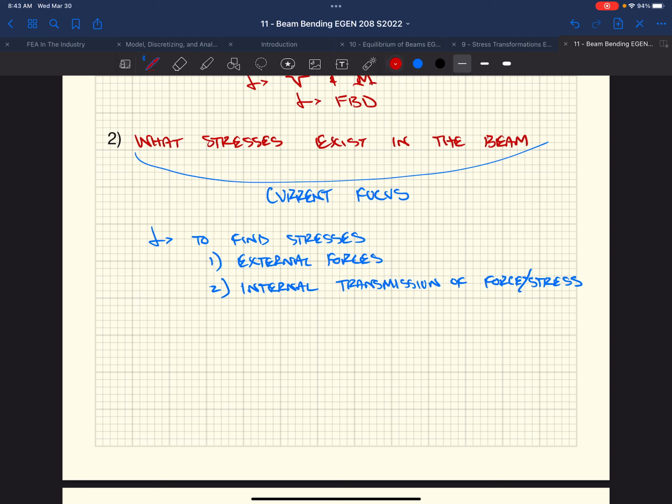So, like I mentioned, when we looked at axial, it was uniform, right? We had uniform stress, and axial force created a uniform stress. When we looked at torsion, we had our circle.